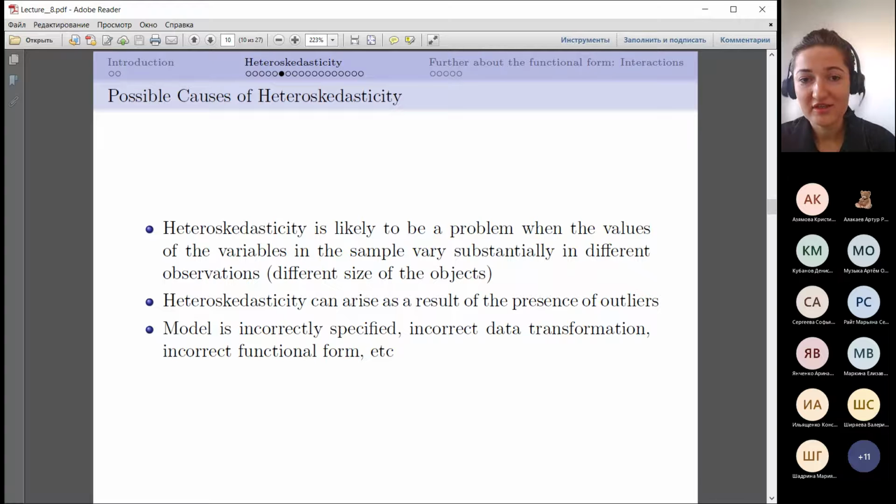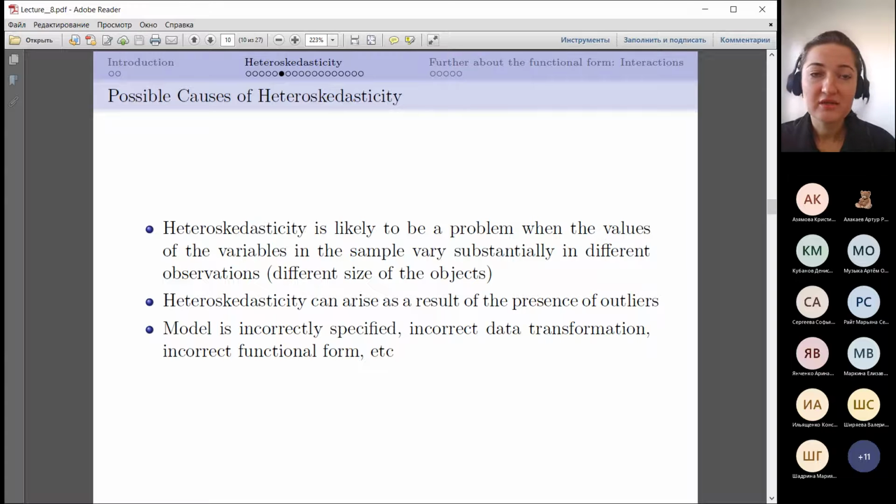And of course, the problem of omitted variables and measurement error will be large when you have large values of x or large values of y.